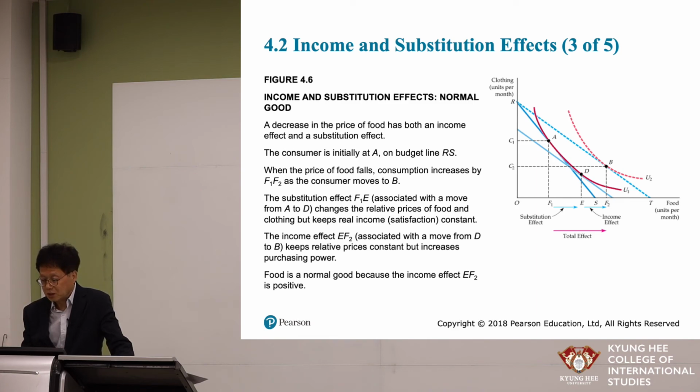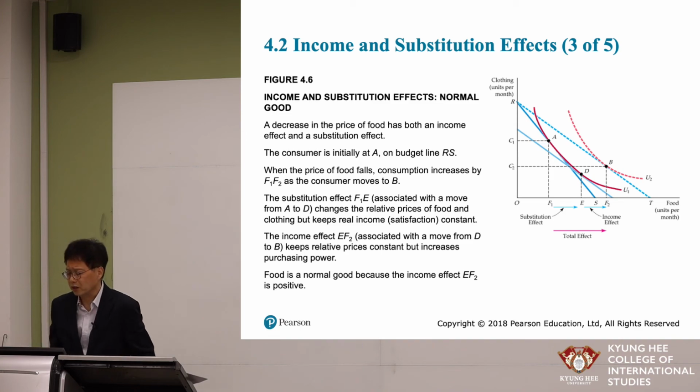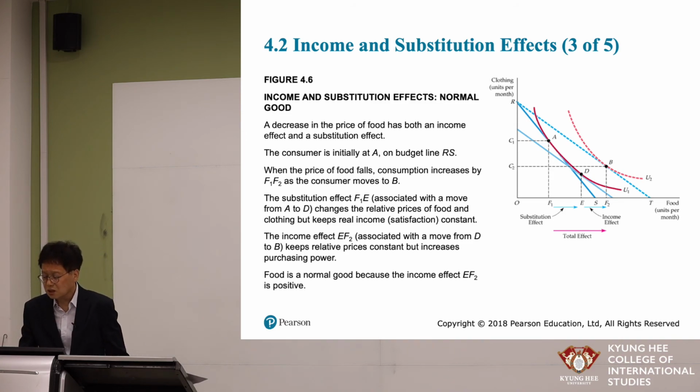And the income effect is the movement D to B. What is the income effect? Income effect is the change in consumption of two goods, the demand for two goods, the consumption bundles of two goods, only due to a change in income, a change in purchasing power from here to here, holding relative price constant.